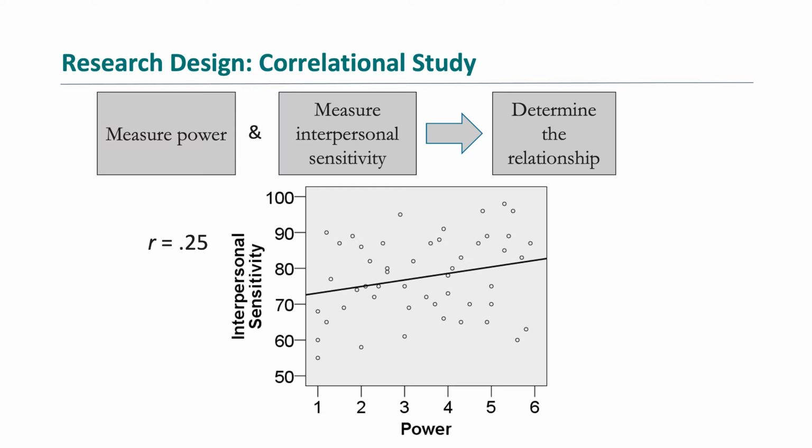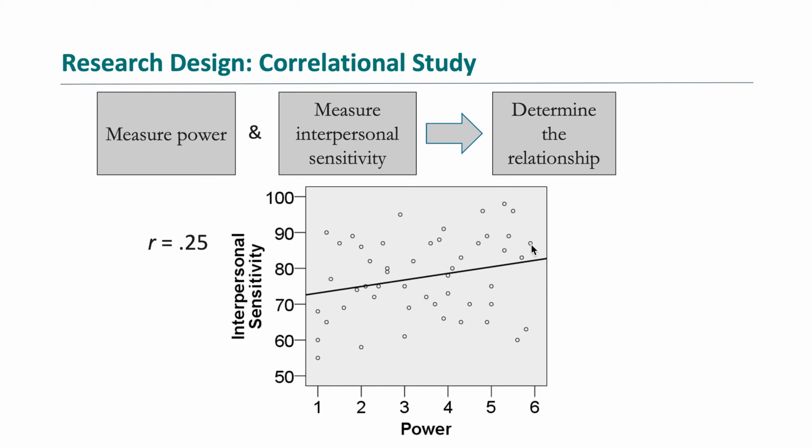Here, they're looking at perceived power, so how much power a person holds, either through self-report or through somebody else's idea of what this person is, and their interpersonal sensitivity. Let's say you think of yourself as very powerful, so you're a 6. And you find that your sensitivity to interpersonal things is rather high, like an 85.